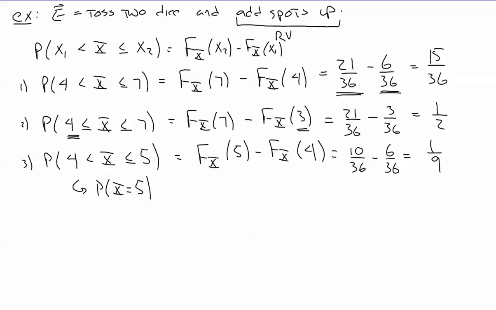All right. What about this one? Probability that 4 is less than or equal to x is less than 5. Well, this is really only the probability that x equals 4.